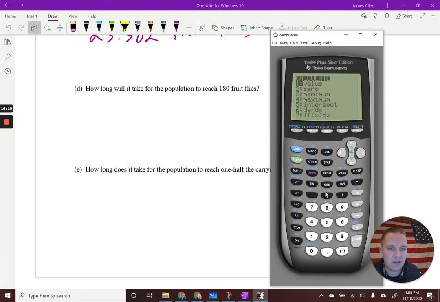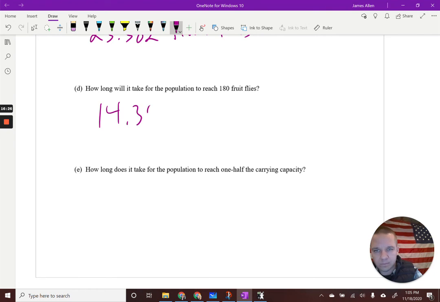Let's find that intersect, which is option 5. Enter 3 times. We only have one intersection, so I don't have to worry about the calculator picking something else. And it's going to be 180 fruit flies after 14.3509, so 14.351 days. Nice. Alrighty. Part E here, and then we're done.